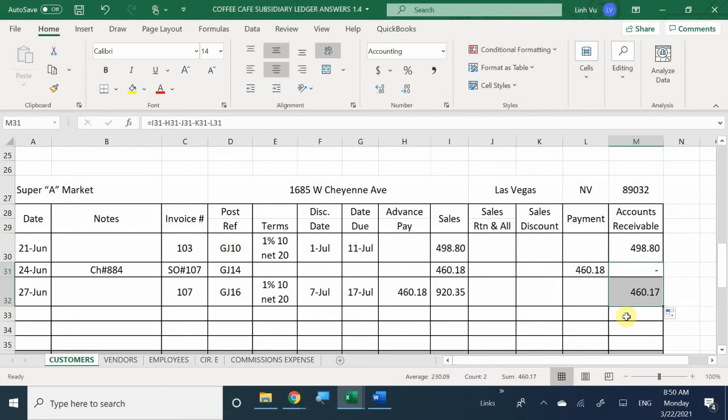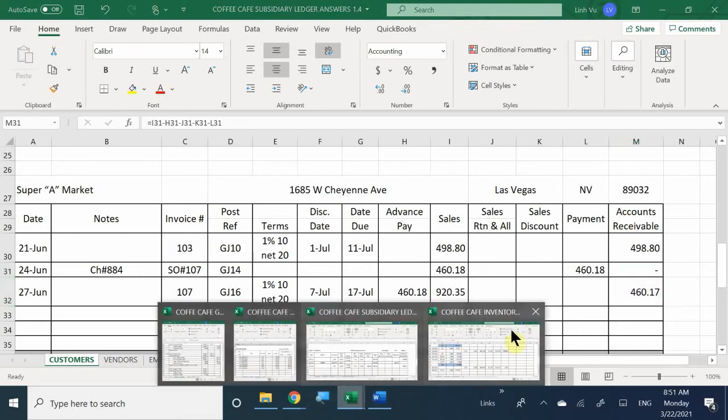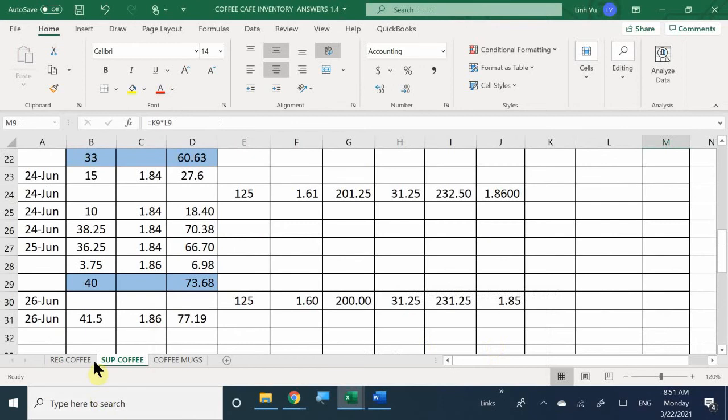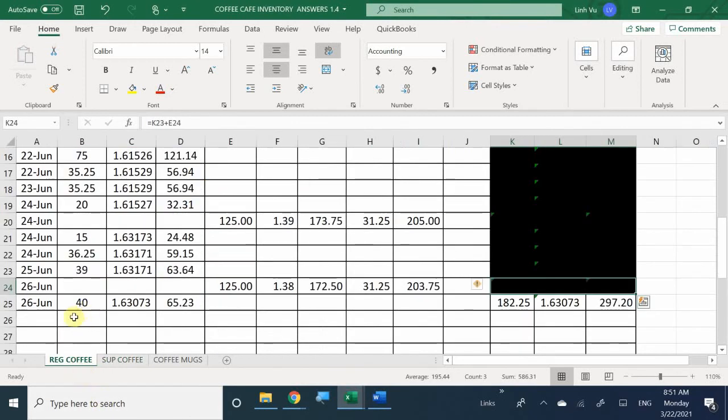Everyone go with me so far? Okay, so what's next? Inventory worksheet. So regular coffee, how many pounds did we sell? 75.